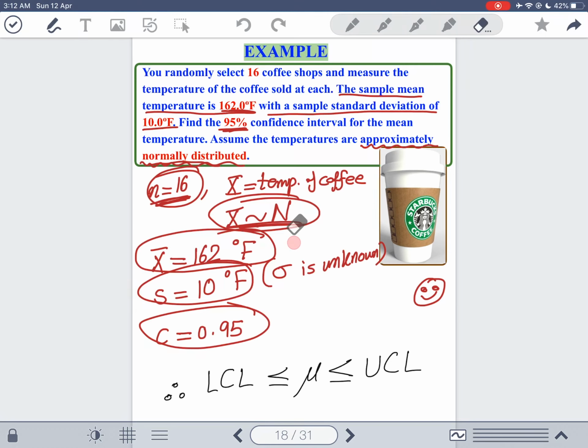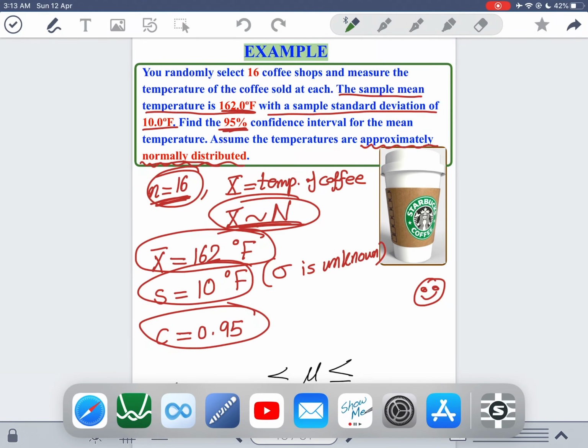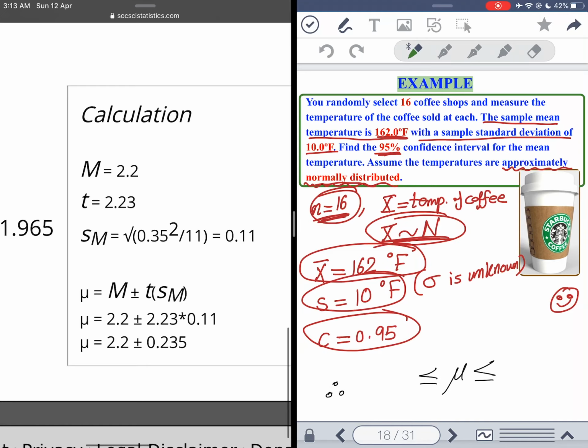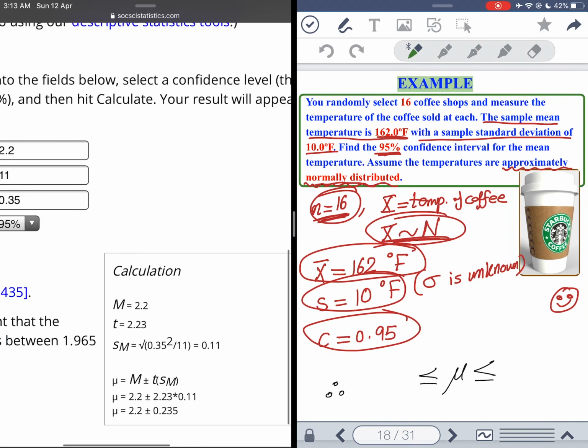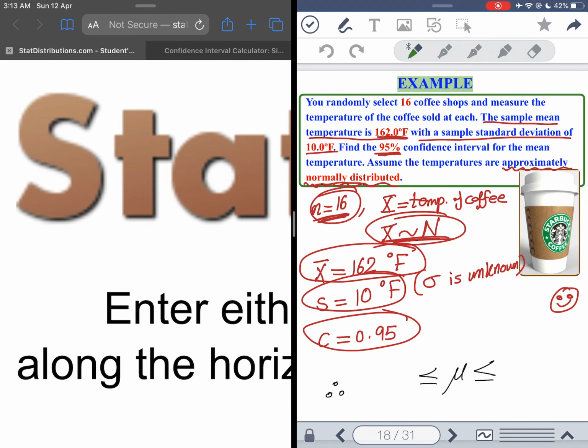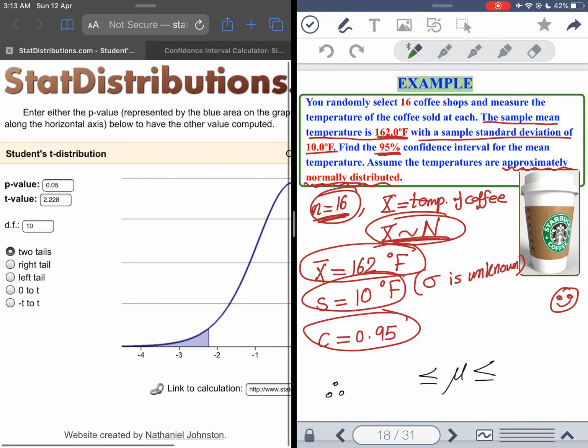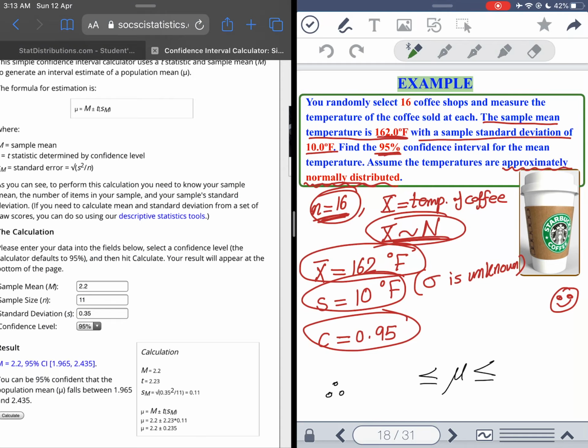But what are they? Let's now use the online calculator, the second calculator that I showed you. By the way, this calculator also finds t for you, so you can use this one for everything.